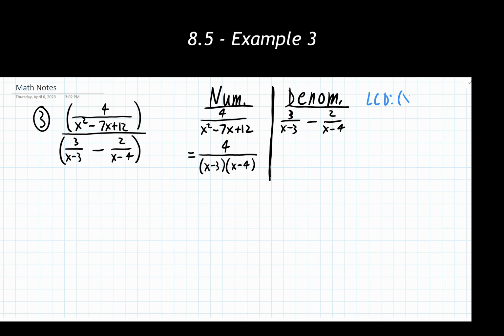And that lowest common denominator is going to be x minus 3 times x minus 4. So like we've done in the past, if we are going to be modifying them, I need to multiply the first fraction, top and bottom, numerator and denominator, by the same thing. In this case, it's going to be x minus 4, because that's what's missing from the denominator.